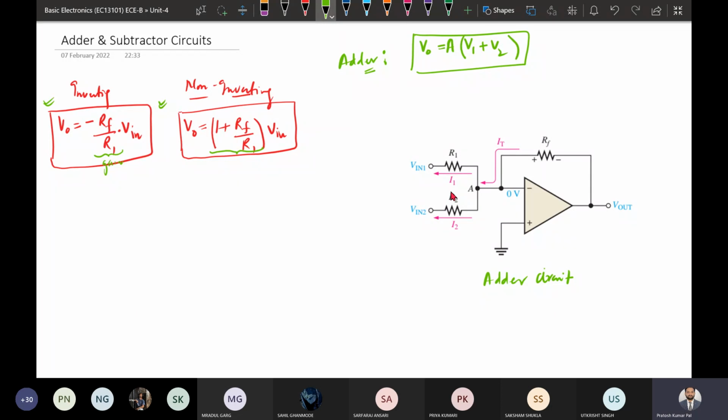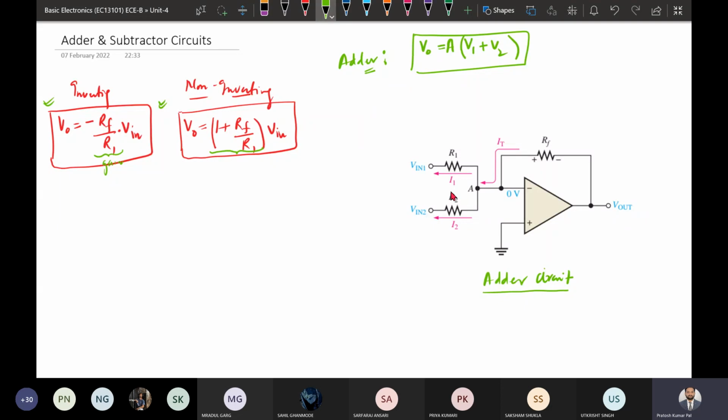Input 1 is connected through a resistance R1 to the inverting terminal. Similarly, input 2 is connected to the inverting terminal through a resistance R2, and the non-inverting terminal is connected to ground. This is the structure of a basic adder that we can implement using operational amplifiers.